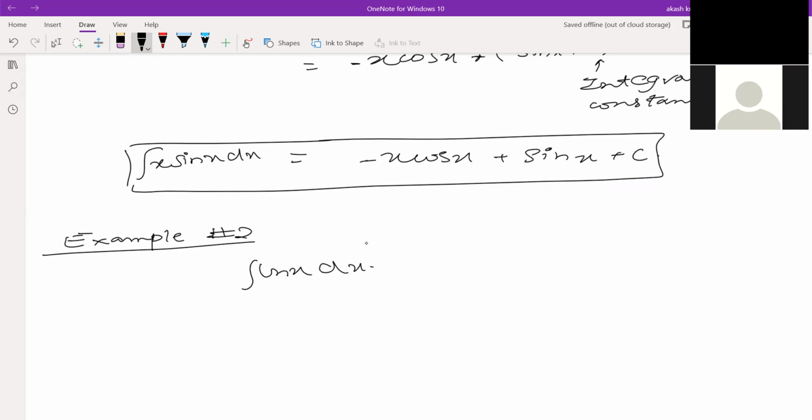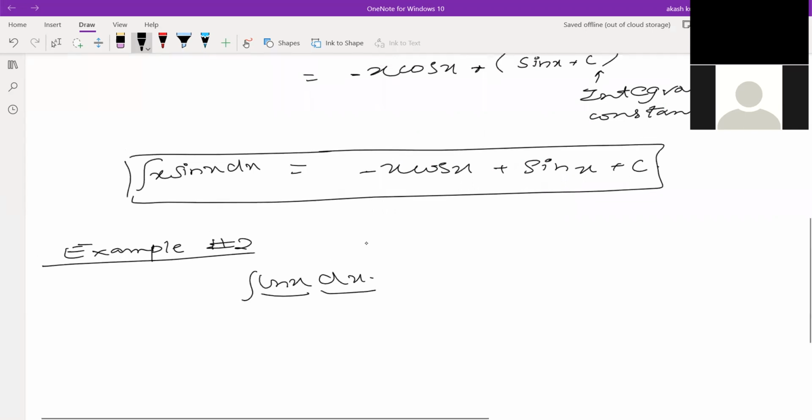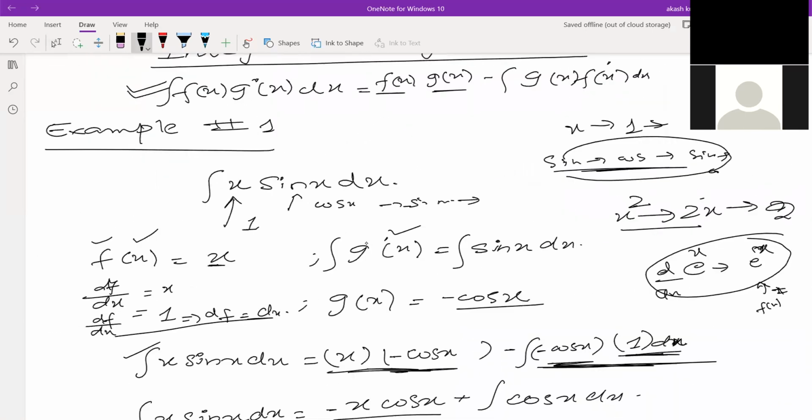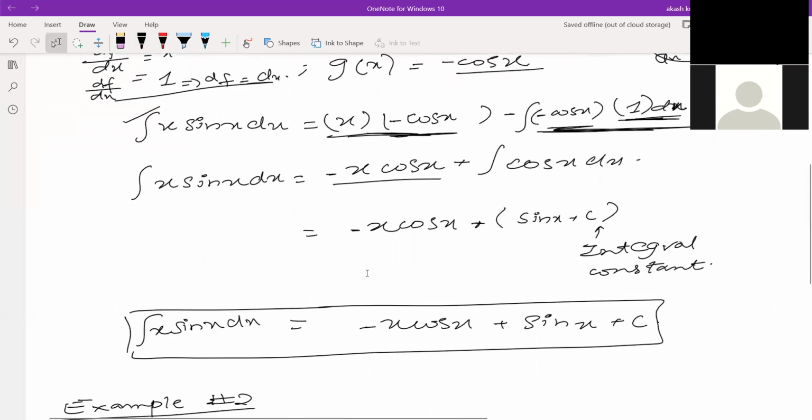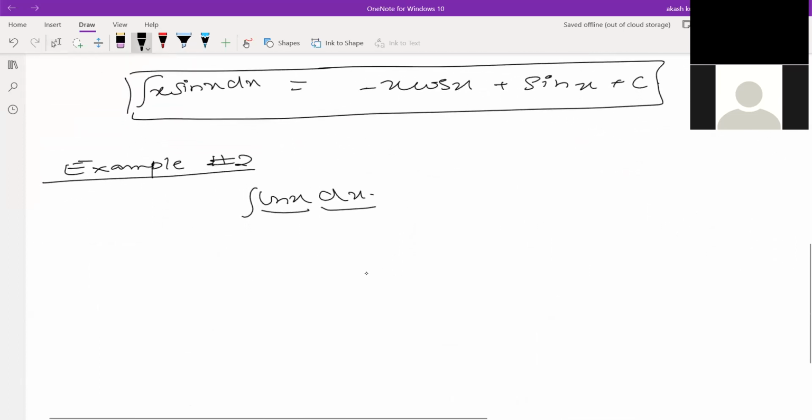Here we don't have two functions, like ln x is one function and dx is one function. Like in the previous question, we had a choice that x is one function and sin x dx another function. Now we are given ln x dx.